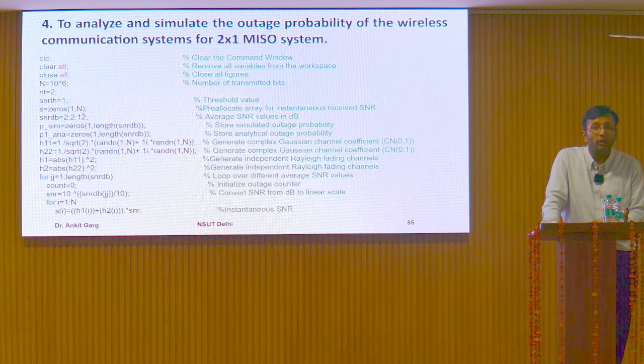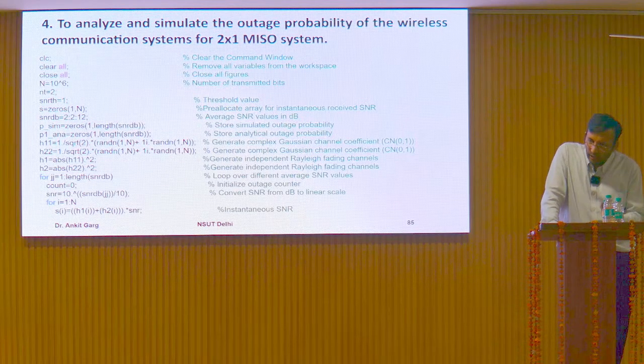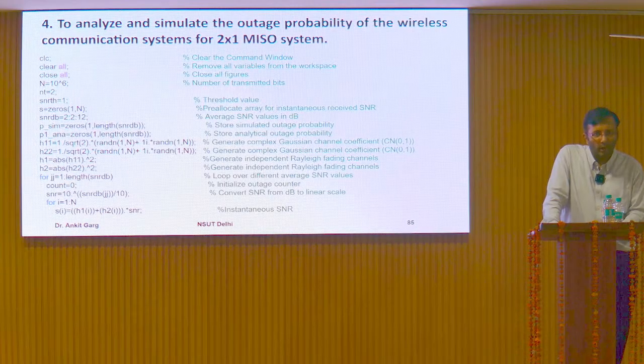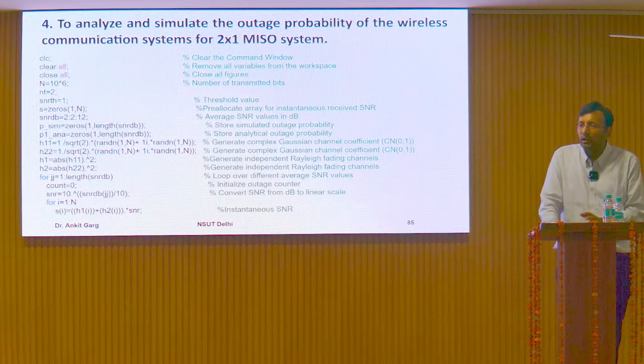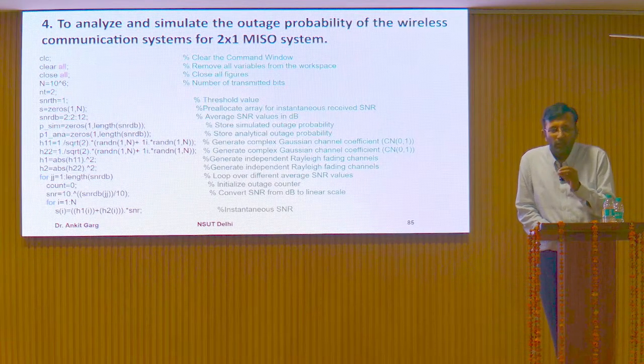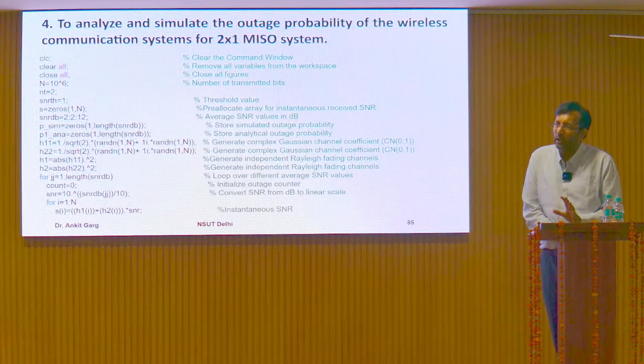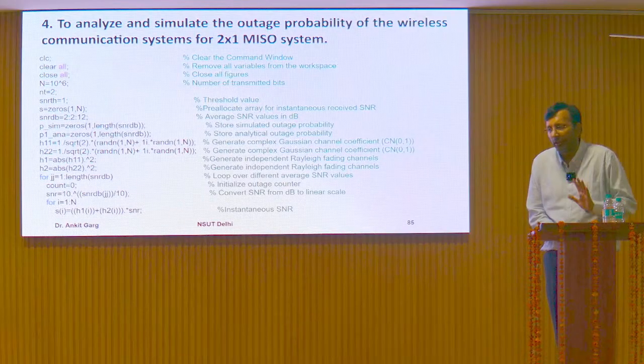So in a communication scenario, outage probability means that the received SNR is quite less than the threshold value of SNR, which signifies that the decoding process is not going to be appropriate since the value of SNR is less than the threshold.